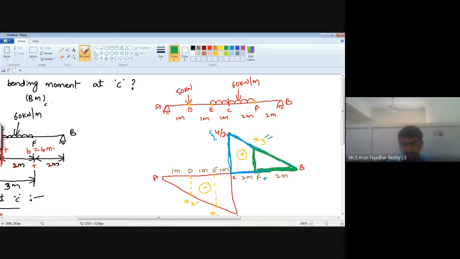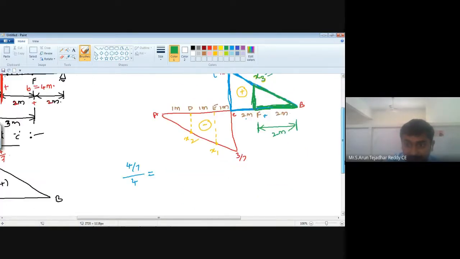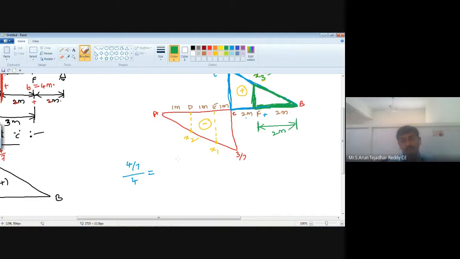X3 is the perpendicular. What about base? You can observe up to only the green triangle. So our base is from F to B, which is 2 meter. X3 is the perpendicular, 2 meter is the base. Now from this one, what is the x3 value?